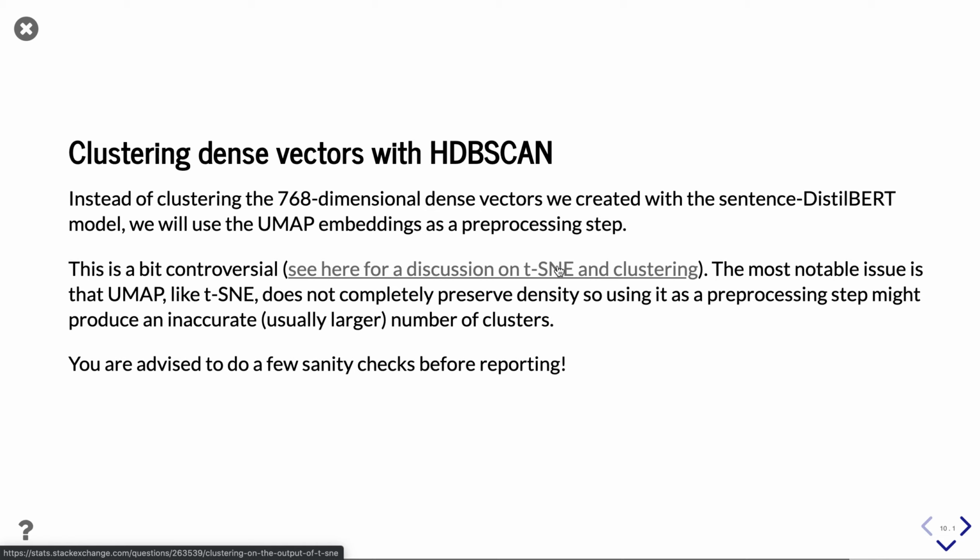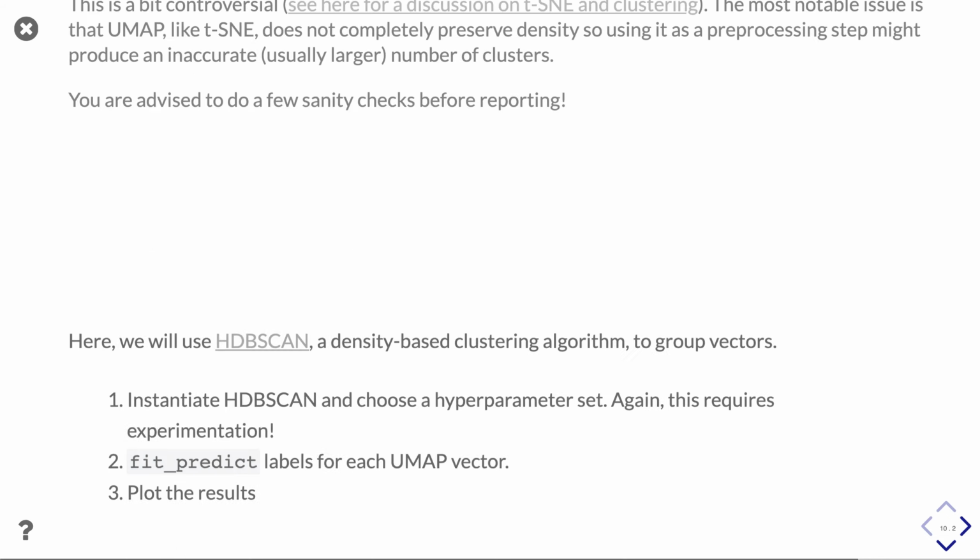So this is a bit controversial, as UMAP does not completely preserve the points density. So using it as a pre-processing step might produce an inaccurate number of clusters. And there's actually a really good discussion on Stack Overflow about this particular issue. So bottom line is it might work, do a few sanity checks before reporting any results.